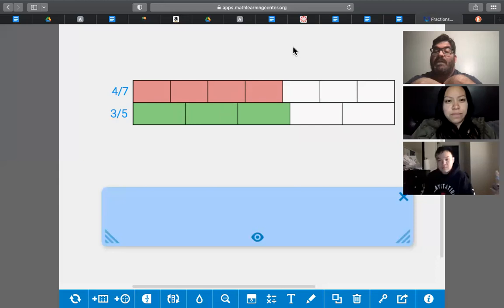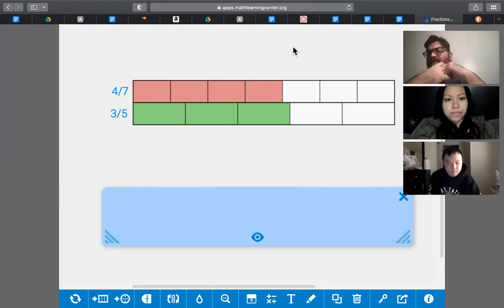Numbers that are the same. Which numbers that are the same? The numerators? Oh, very close. If we want equal, right? So we want the parts of the whole to be equal. Which one is the parts of the whole, the denominator or numerator?